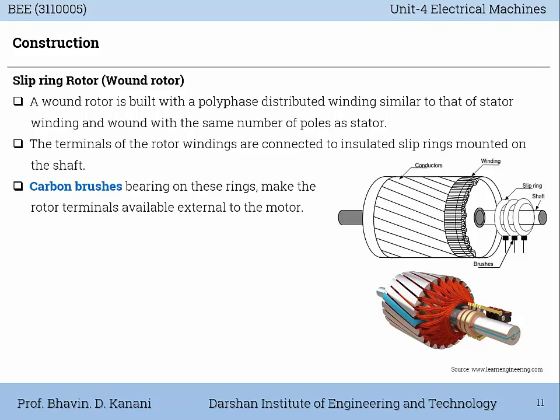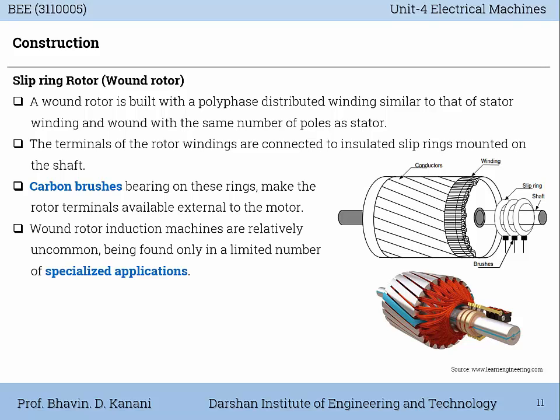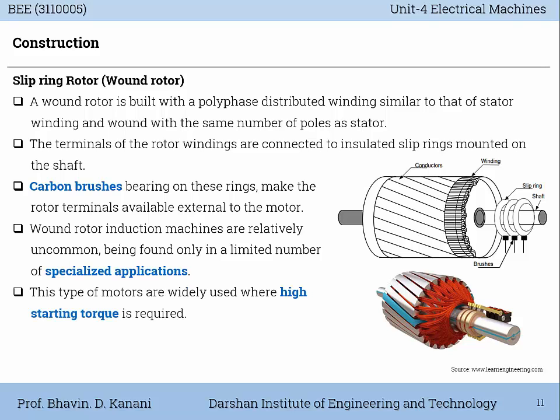Carbon brushes bearing on these rings make the rotor terminals available external to the motor. Wound rotor induction machines are relatively uncommon, being found only in a limited number of specialized applications. These type of motors are widely used where high starting torque is required. The cost and size of this type of motor are more and larger respectively.